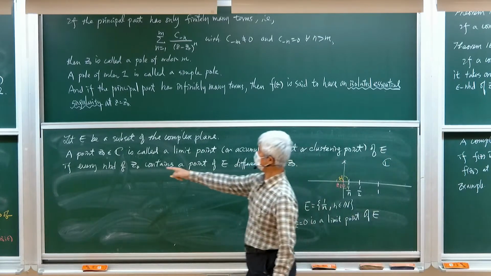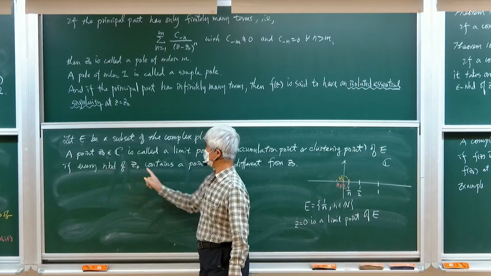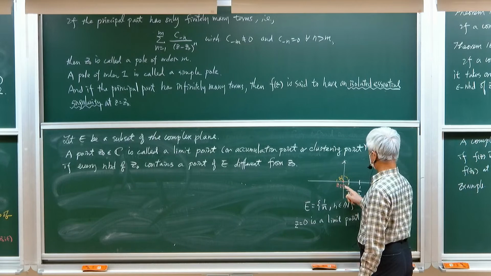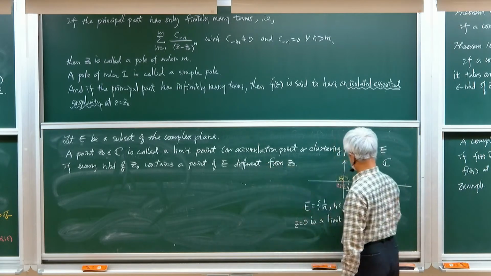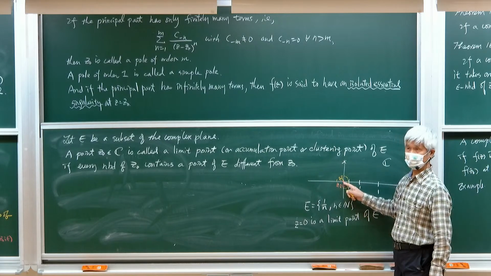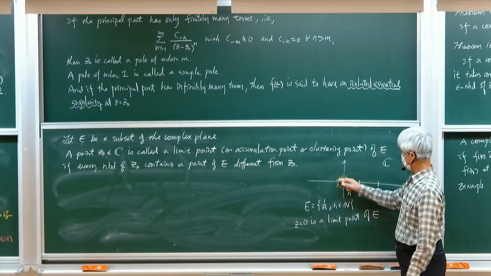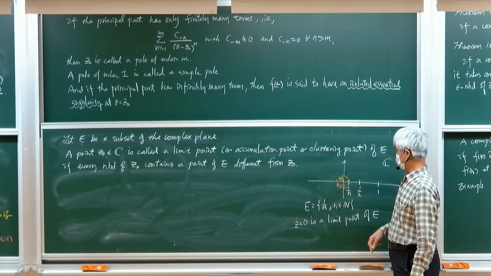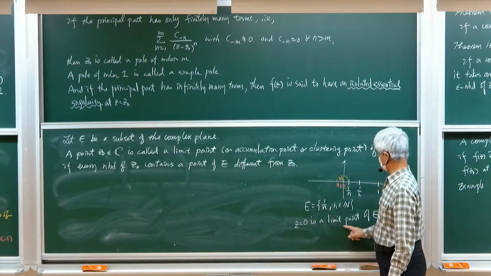So every neighborhood of the origin contains a point of E, because 1 over n will approach 0 along the real axis. So z equal to 0 is the limit point of E.